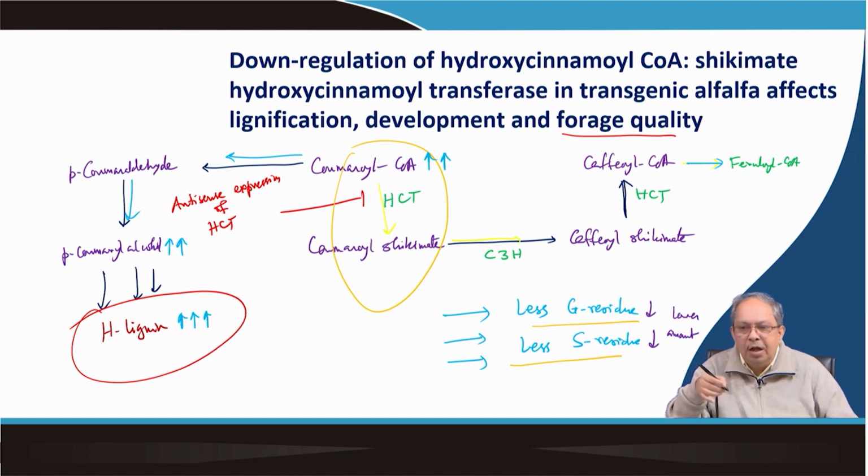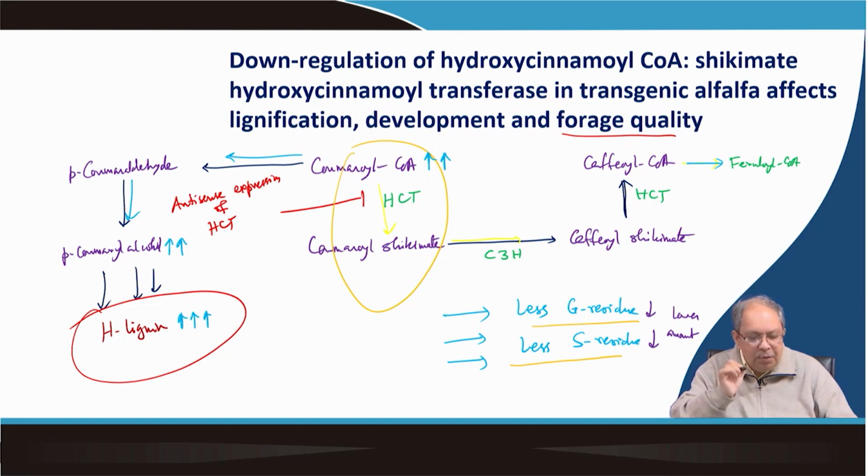As a result, they face indigestibility, leading to a disease called bloat disease, and that eventually kills the animal itself because of more lignin content in their feed. That is why there is an effort to make less lignified forage crops, so that cattle or grazing animals can safely eat this.